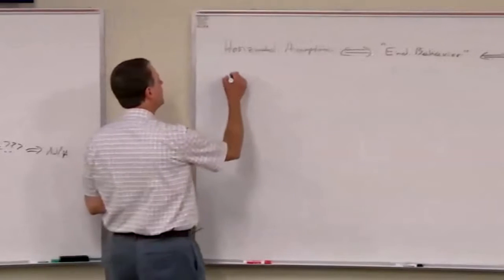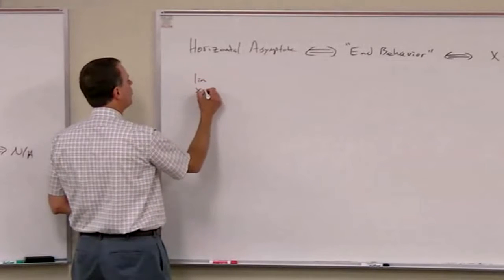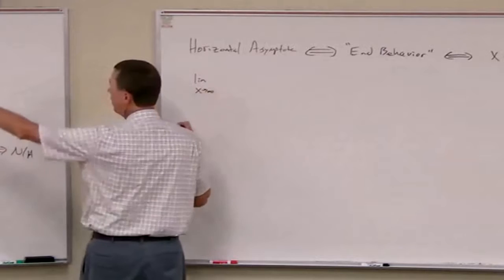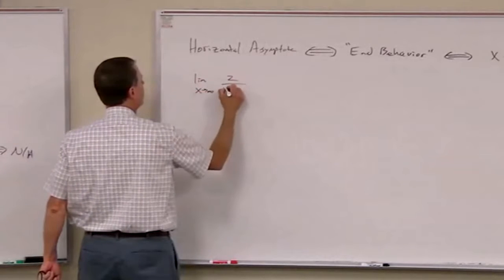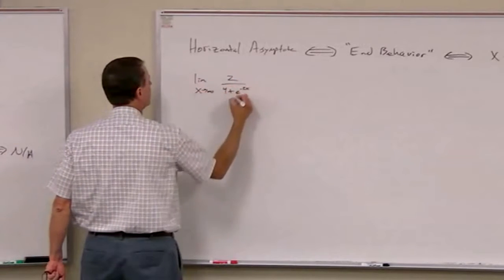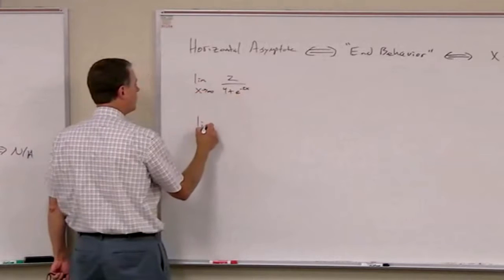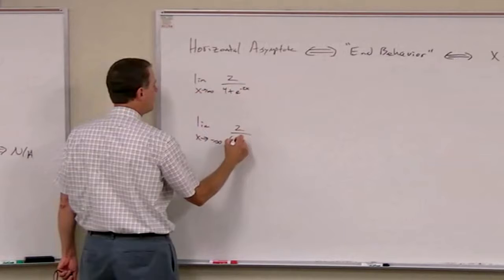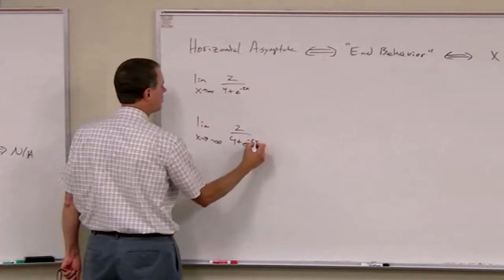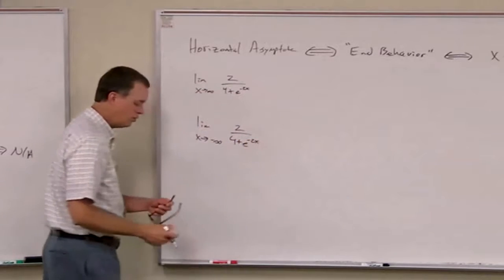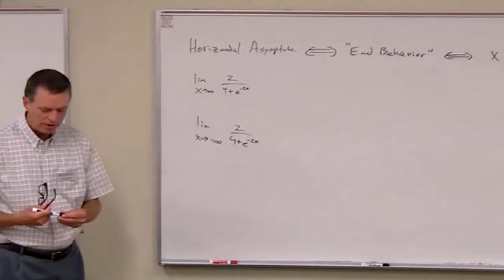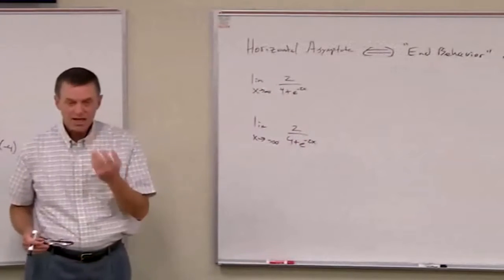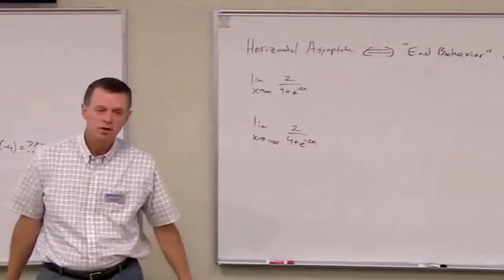So we're going to look at the limit as x goes to infinity of 2 over 4 plus e to the negative 2x. And we're going to look at the limit as x goes to negative infinity of 2 over 4 plus e to the negative 2x. Those two limits put together will determine the end behavior of this function.